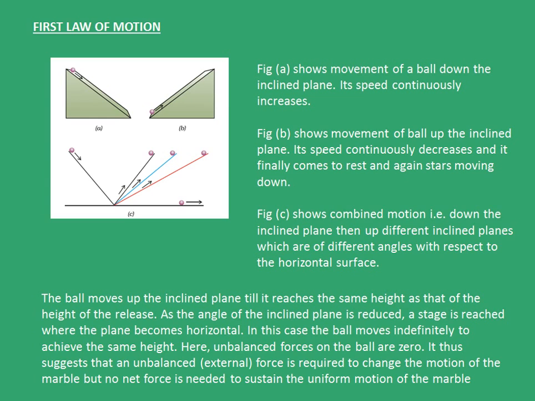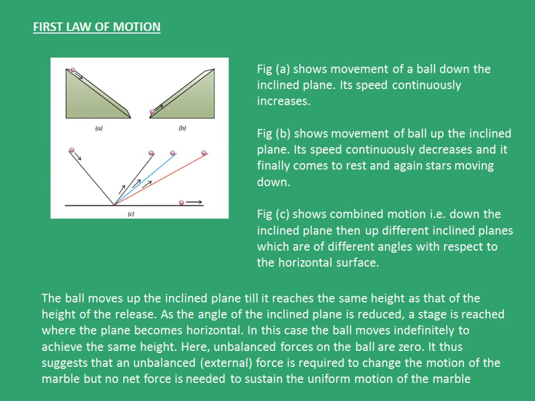In this case, the ball is released from a certain height on the first inclined plane and it encounters the second plane and moves upwards on the second one. What is seen is the ball moves up the inclined plane till it reaches the same height as the height of release. Now what we do is we start reducing the angle of inclination of the second inclined plane. We see the ball travels more and more distance to reach the same height from which it was released.